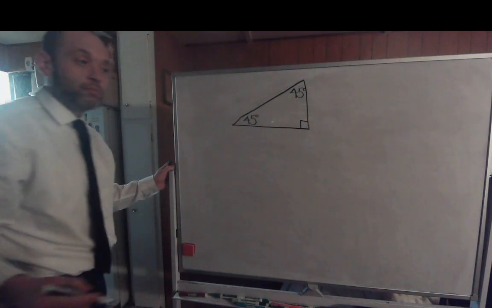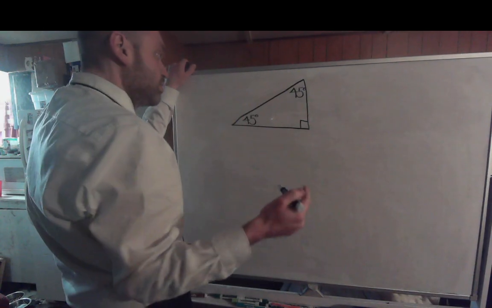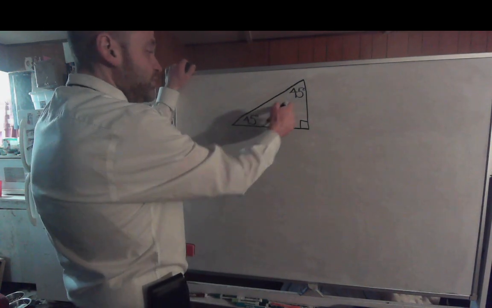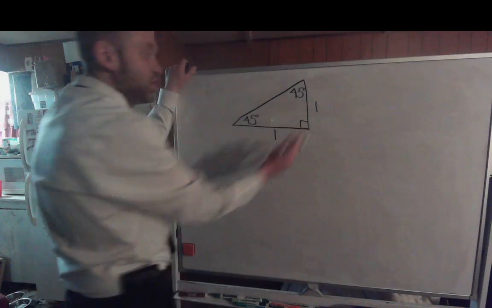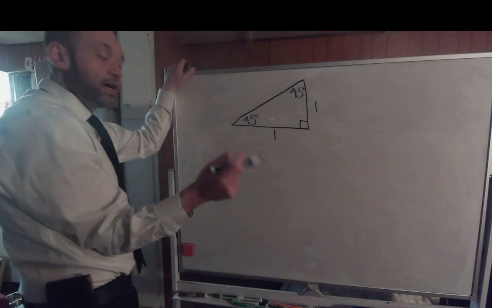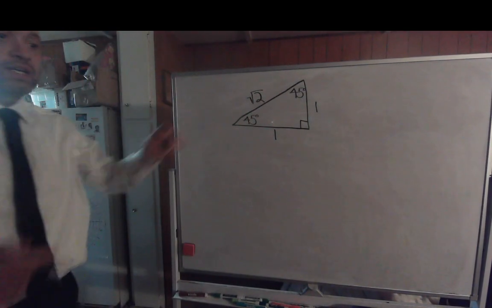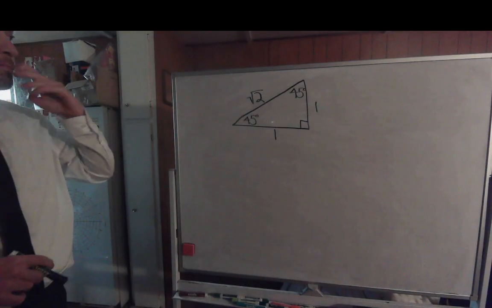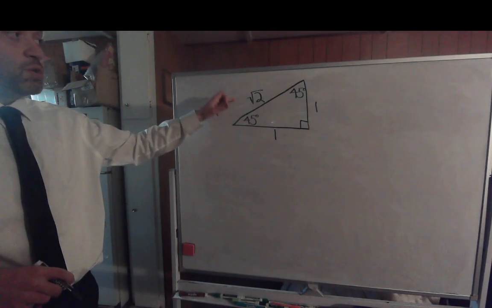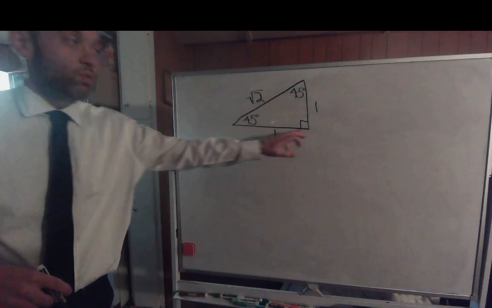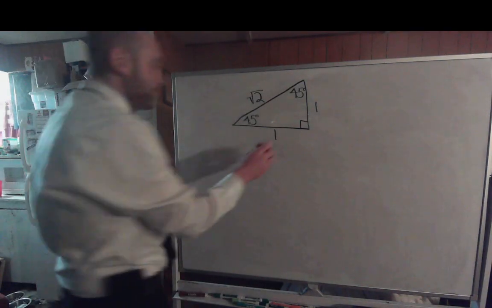This starting to ring a bell? 45-45-90. Where in general, in the 45-45-90 triangle, the two legs have the exact same length. We'll just call those length 1. But the hypotenuse is always the square root of 2 times as long as one of the legs. So we have here then the hypotenuse is always the square root of 2 times longer than one of the legs of a 45-45-90 triangle.